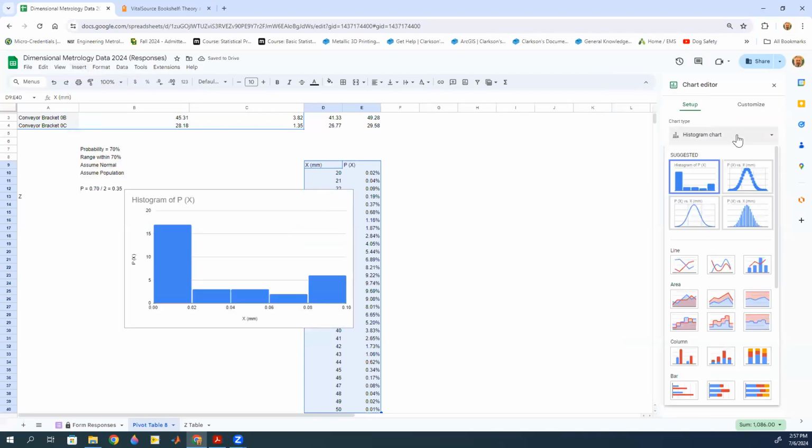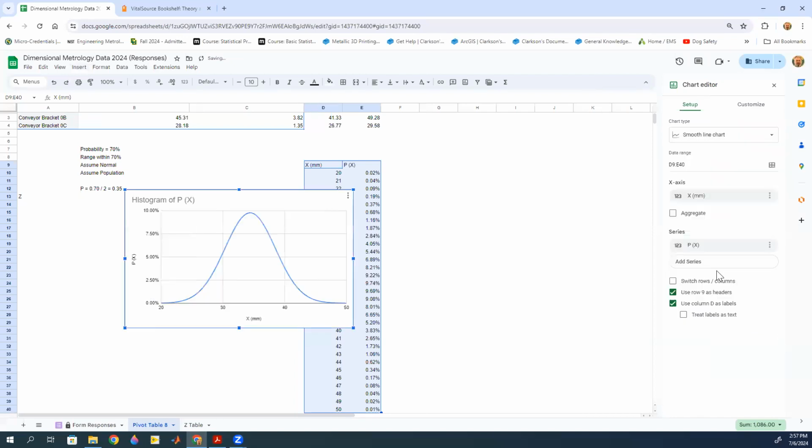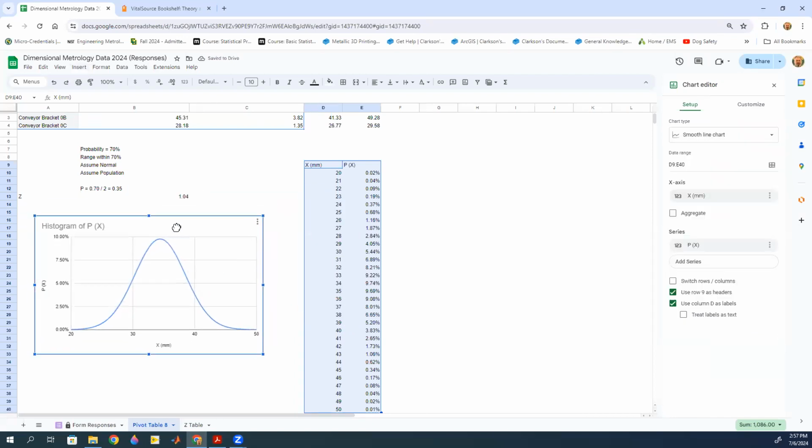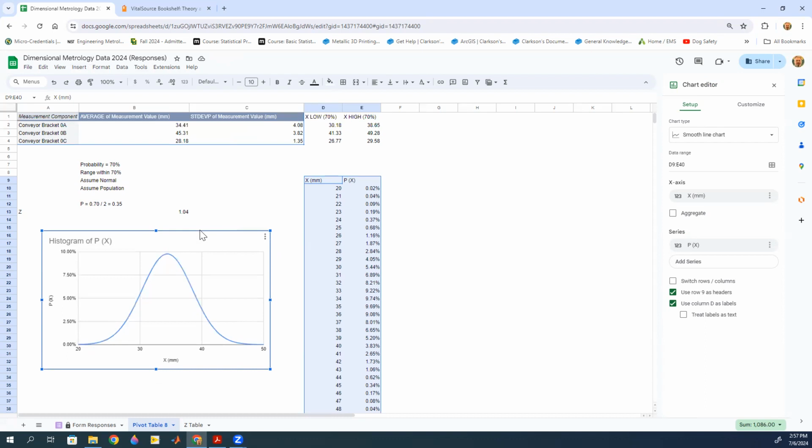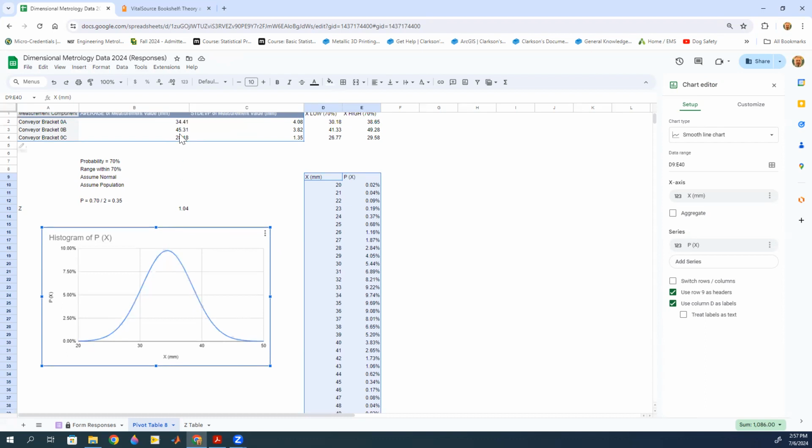It'll default to a histogram, which is not quite what we want. We can put a nice continuous line here, and we can see that we have a bell curve. And for measurement A, which has an average of 34.41, it looks like right here.